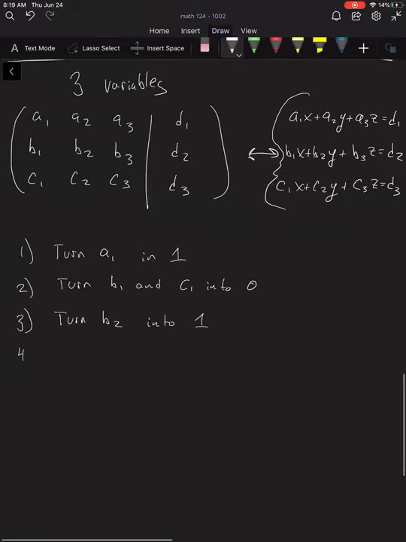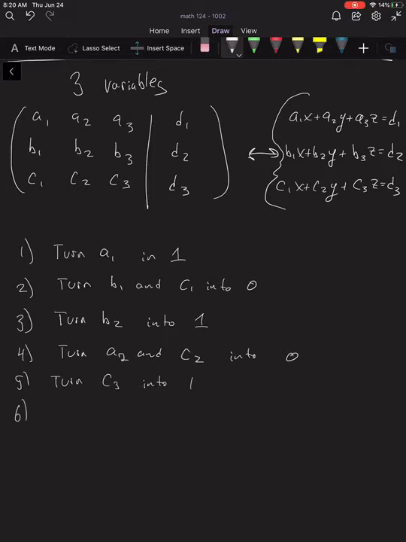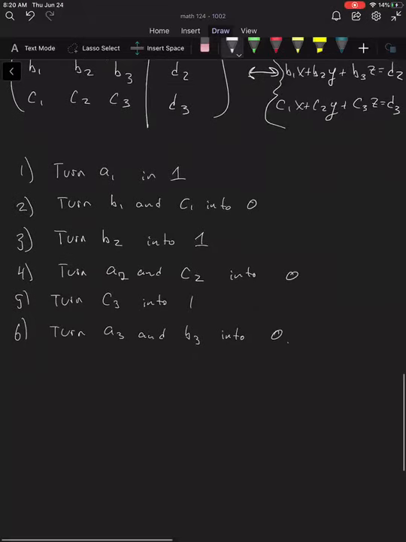And then right after that, the next step is going to be turn A2 and C2 into 0. Okay, our fifth step is going to be turn C3 into 1. And then the last step would be to turn A3 and B3 into 0. Okay, so 6 steps, always in this order.